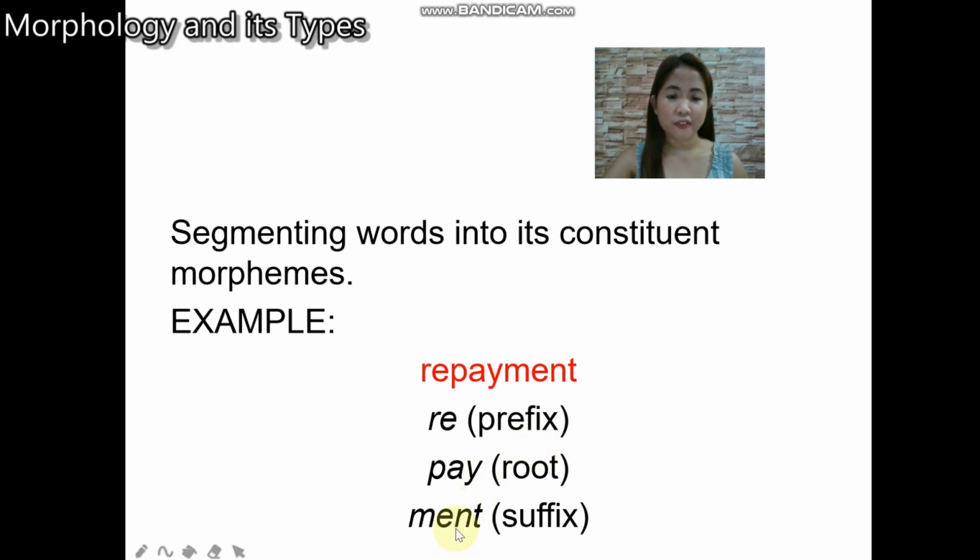Then we also have ment, which functions as suffix. If we add re and ment, we now have this word repayment. It functions now as a noun. These are examples of segmenting words into their constituent morphemes.